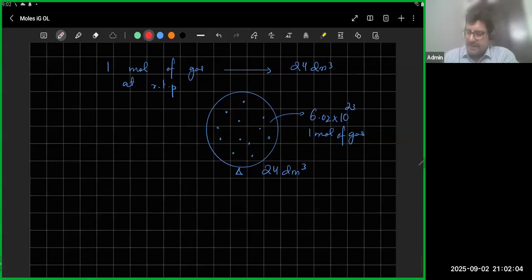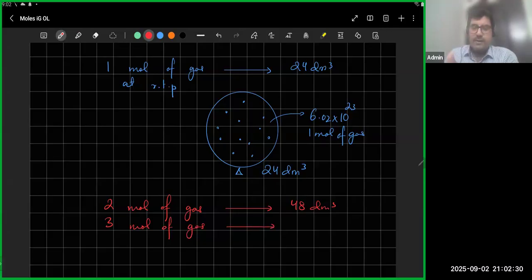Now, based on that statement, if you have 2 moles of gas, फिर क्या volume होगा? It's pretty obvious. 1 mole of gas occupies a volume of 24 dm cube. 2 moles of gas, that's double the amount, right? So your volume is going to be 48 dm cube. 3 moles of gas at RTP, so what volume would it occupy? 24 times 3, that's going to be 72 dm cube, right?